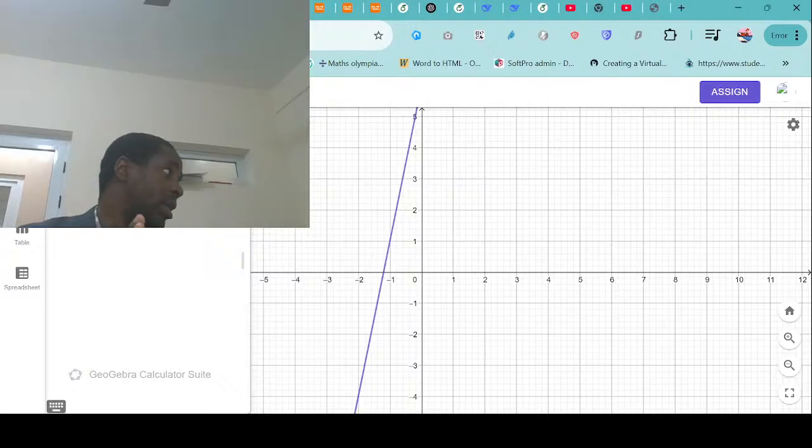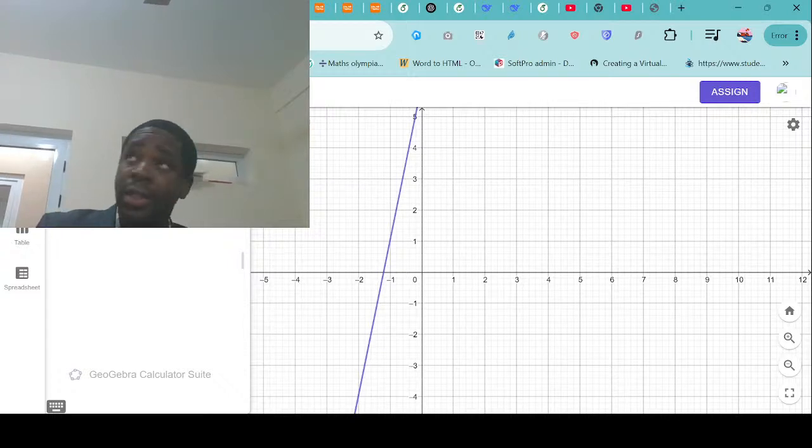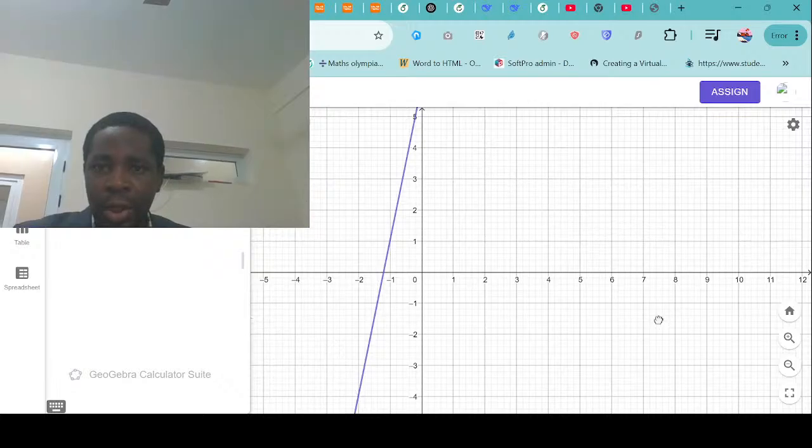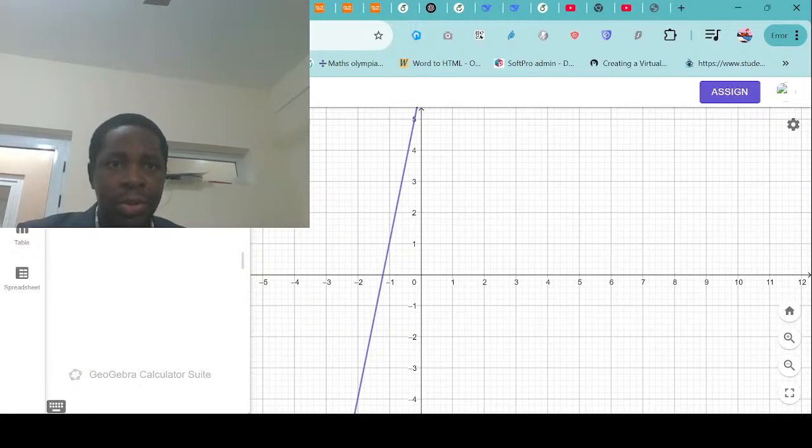We can divide by x, isn't it? So when you do that, you have y equals 8 over x. It's still the same thing as xy equals 8. Can you see this now? So that's the graph.